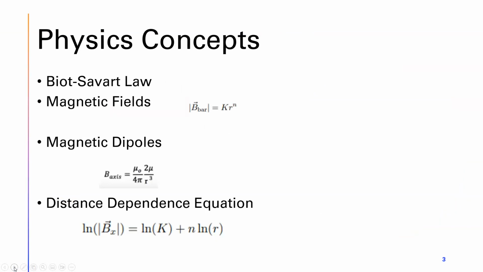So here are some physics concepts we're going to be covering: the Biot-Savart law, magnetic fields, magnetic dipoles, and the distance-dependent equations, all really relating magnetic field and magnetic dipoles, and using that, in our situation, to calculate the magnetic field based off of distance and on-axis versus off-axis locations relative to the bar magnet.